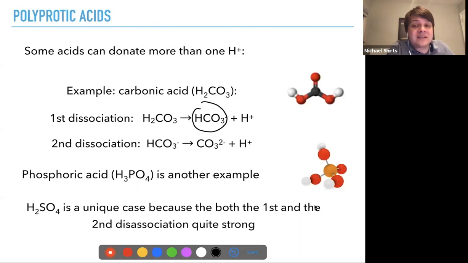For phosphoric acid, the first one is a fairly strong acid, the second one not so much, and the third one not at all. We'll talk a lot more about that later in the semester. The point is that if you have a complete reaction, phosphoric acid actually does get rid of all three hydrogens.